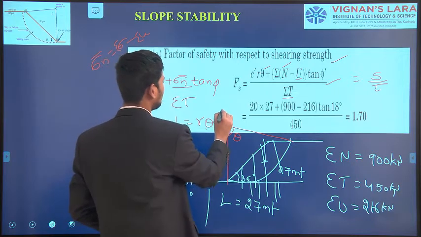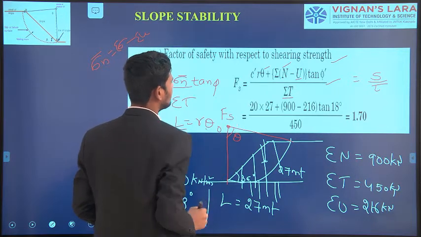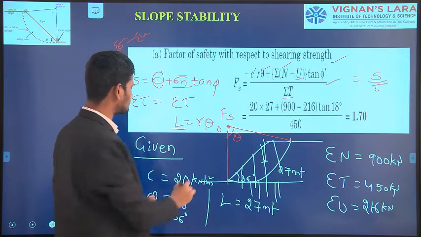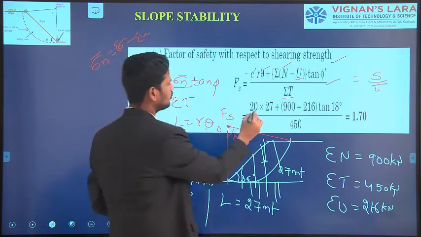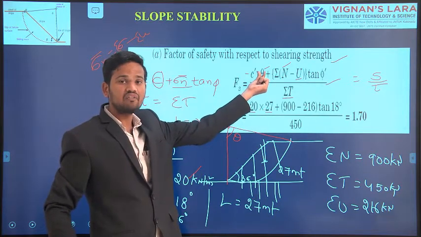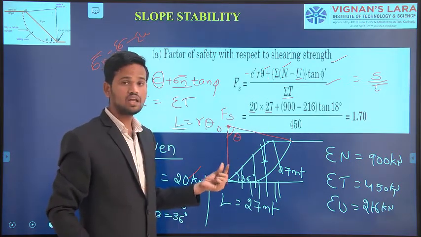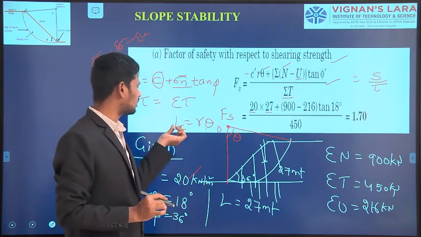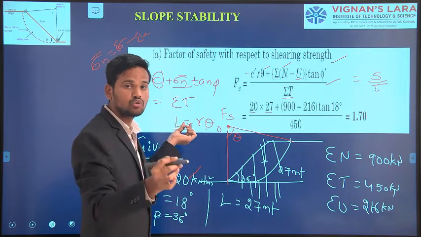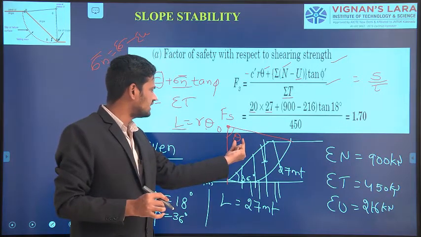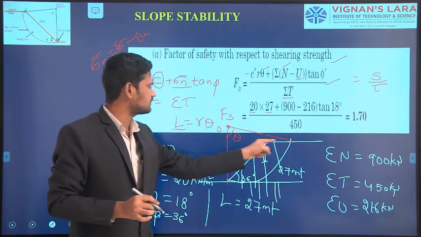And if you observe here, the factor of safety of the soil mass Fs equals, where C is the cohesion of the soil mass itself, given in the problem as 20, and 27 is the r theta, where r theta is the length of the arc. Again, remember that in some conditions they won't give the length of the arc as 27 meters. They will give the center of rotation theta as well as the radius of the arc.